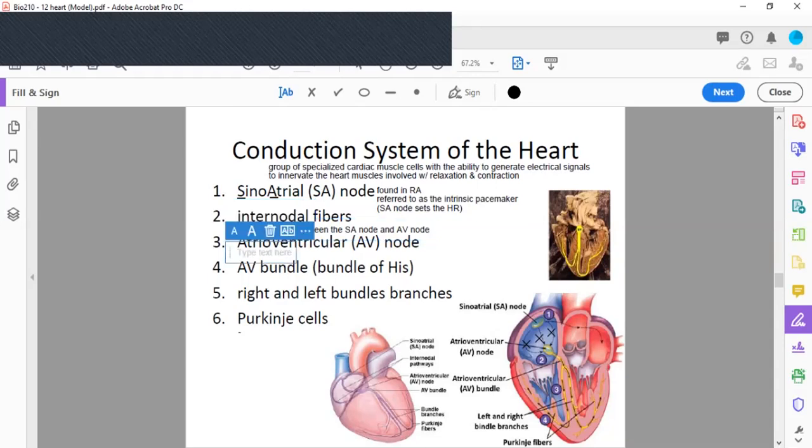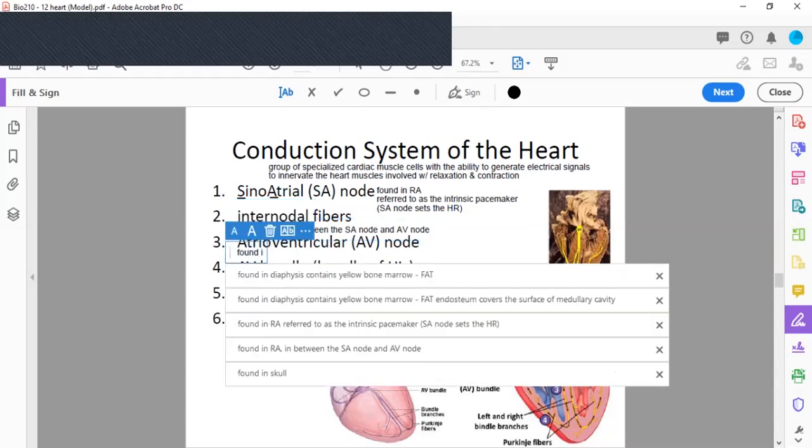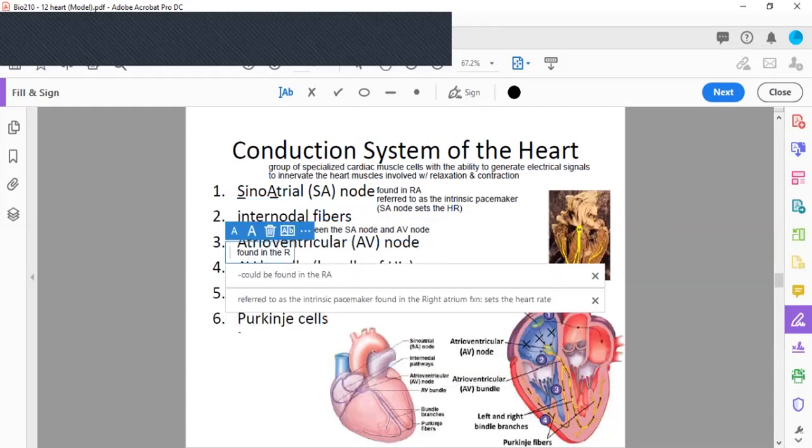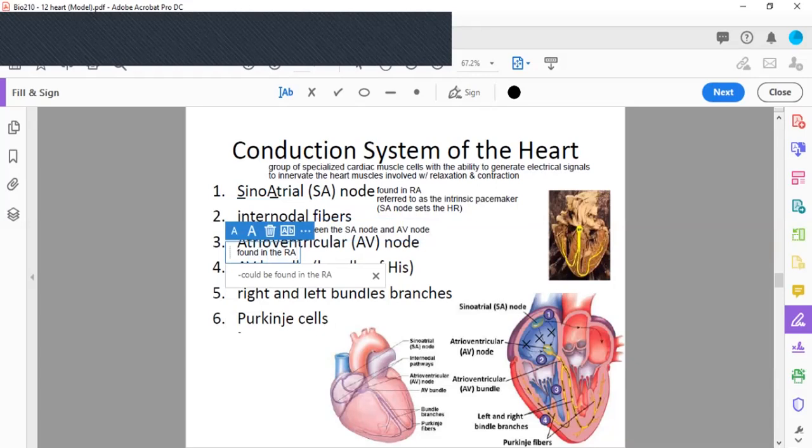The AV node can be found in the right atrium. If you look at number 2 right here in the image, that represents the AV node. I'm going to check off right now. I'll put a check next to the SA node.